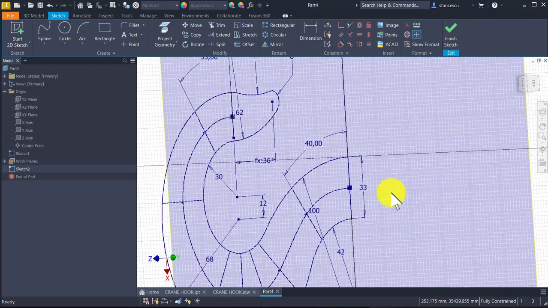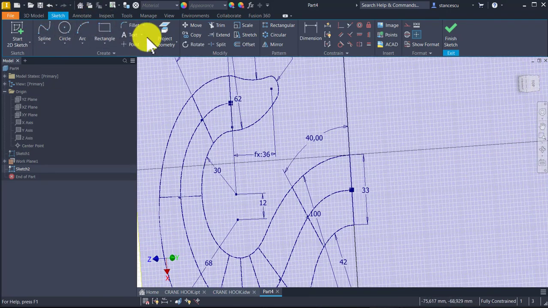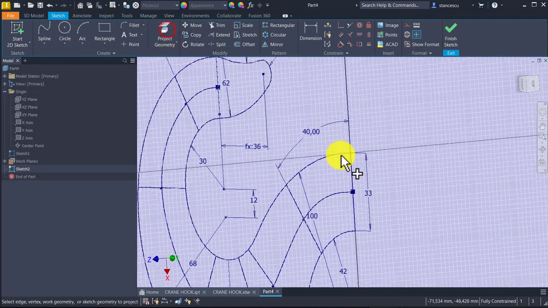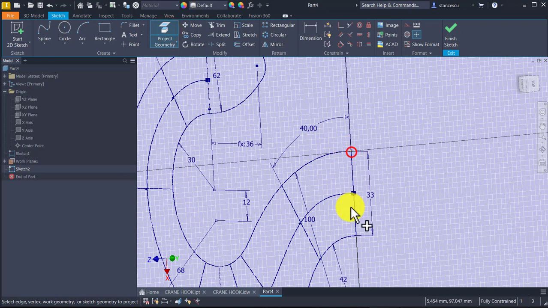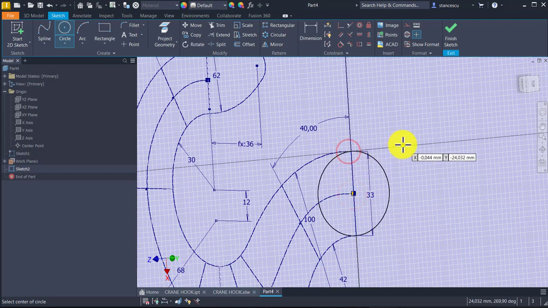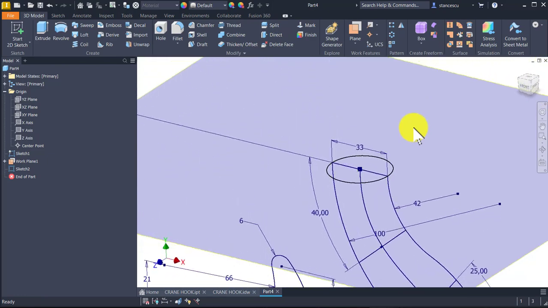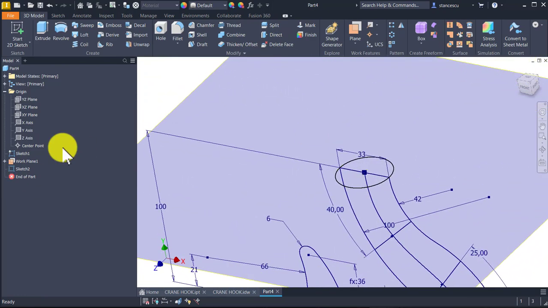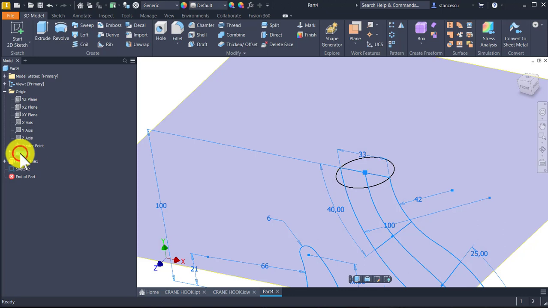This sketch is a circle. I project points, this point and this point, to draw a circle, because 33 is the dimension for a circle. Finish sketch. Yes. Let me name this as a basic sketch.